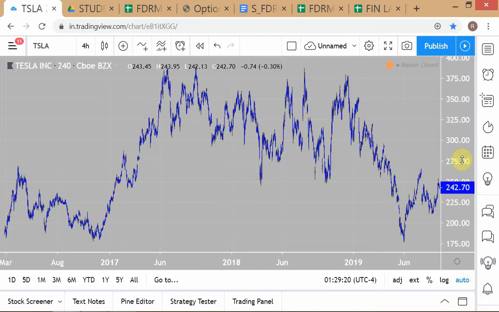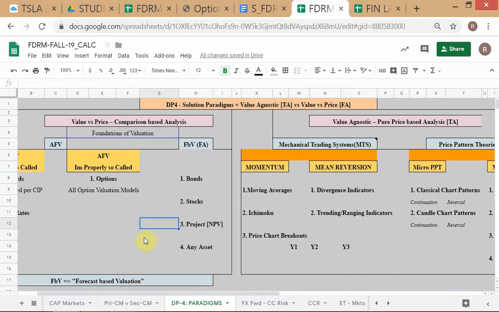So a value investor will not be selling into this kind of situation, even if they feel the fair value is lower. In that case, they would actually wait, let it fall through the fair value or go to fair value, and only then would they buy. So I'll just wrap up this discussion here.